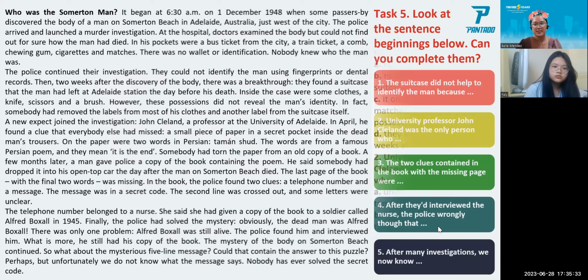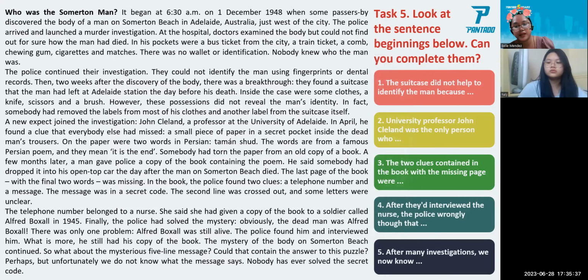It's still the same text, and look at the sentences at the beginning below. This is the beginning of the sentence. Can you complete them?